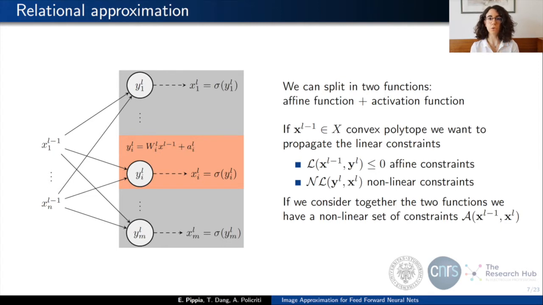But first of all, we have a set of linear constraints thanks to the affine function. But the second step, that is the application of the activation function, creates a set of nonlinear constraints. So in the end, we need to be able to propagate the set A of nonlinear constraints that depends on the values x^(L-1) and x^L.